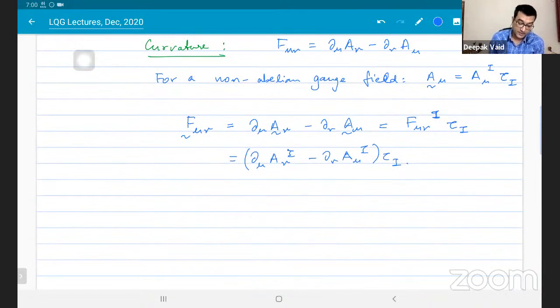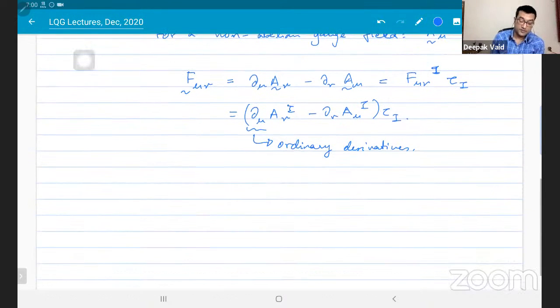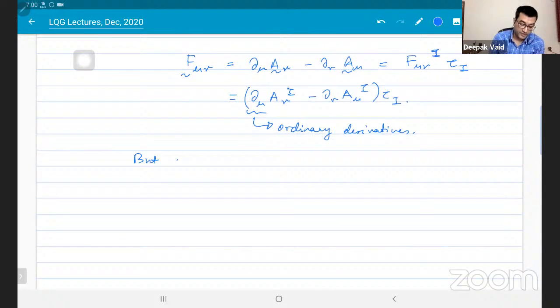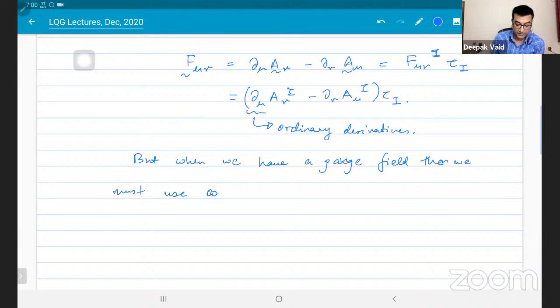But the problem is that here I'm using my ordinary derivatives. When you have a gauge field, we must use the covariant derivative, the gauge covariant derivative, which we have introduced earlier.